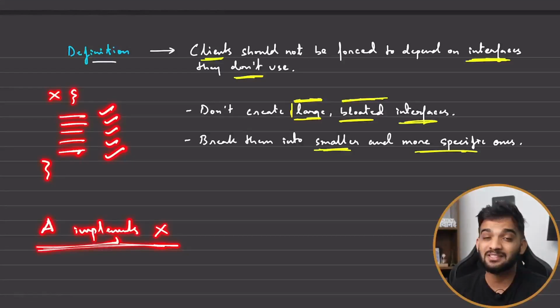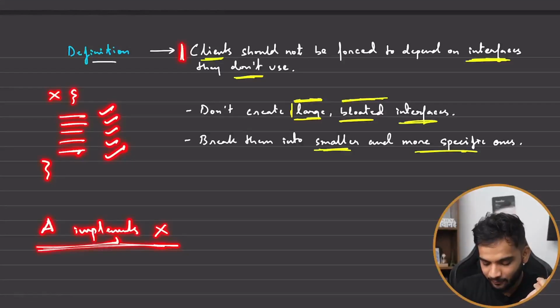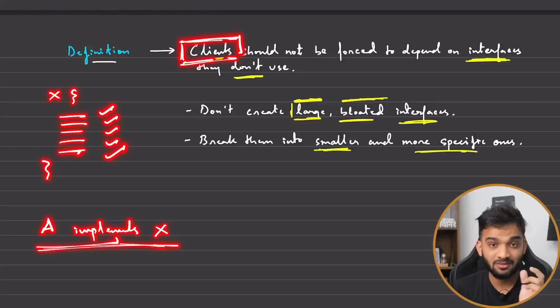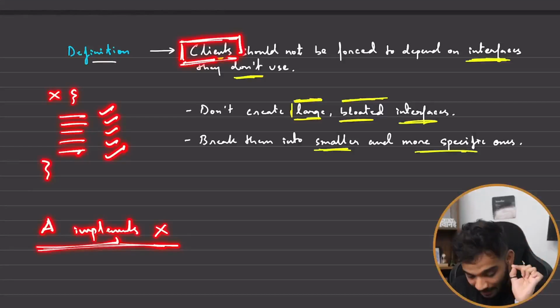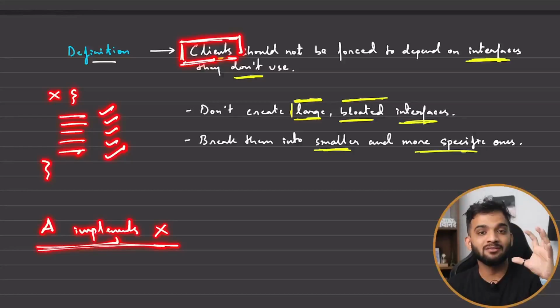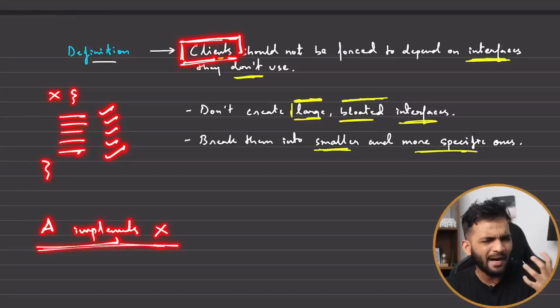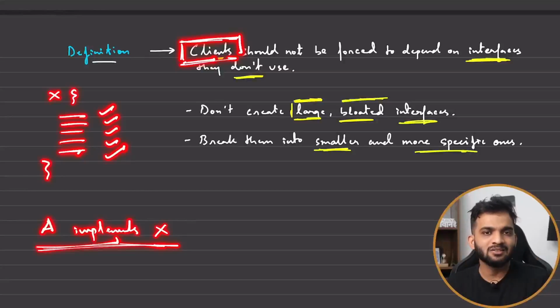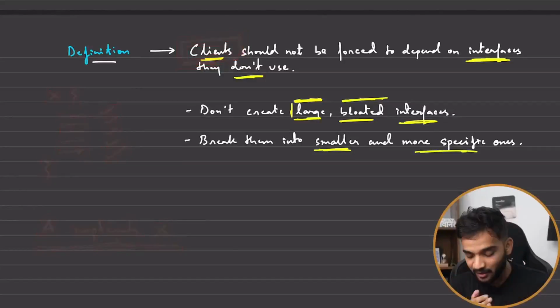That might not be necessary, because I'm forcing the client, which is the class over here, to implement all of the things under the interface, and there might be things which it doesn't need. So I need to make sure the interfaces are as sleek as possible, with as minimal stuff as possible. That is what we should be preferring.